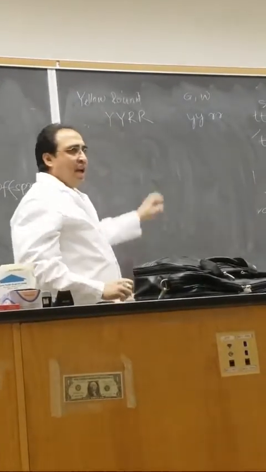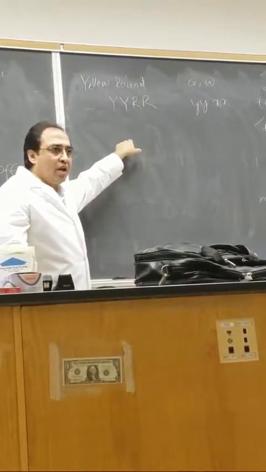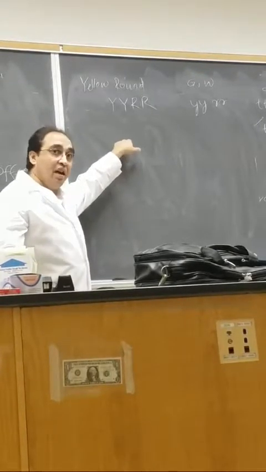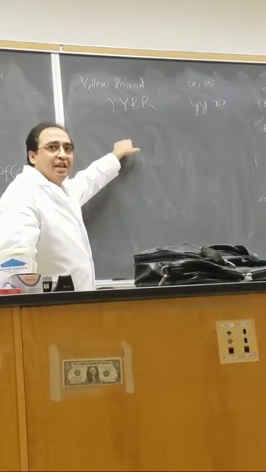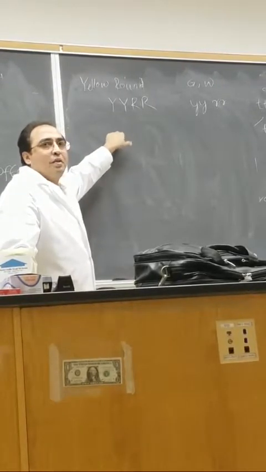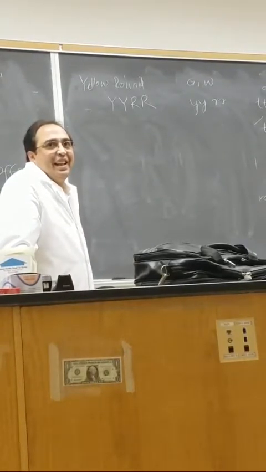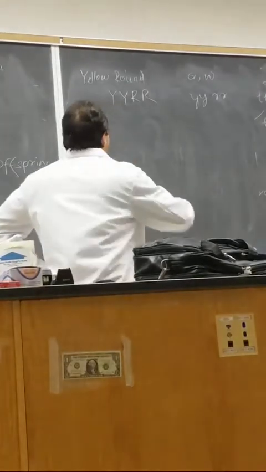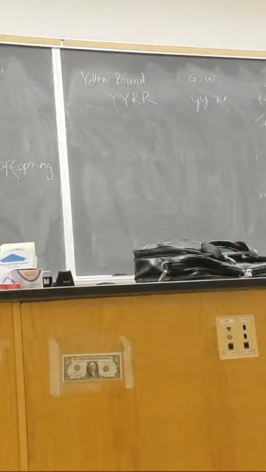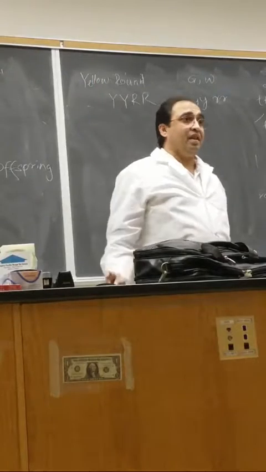Now, if we have a gamete from here, what should be the gamete? These are in one cell. YR.